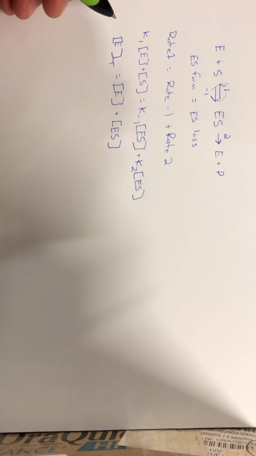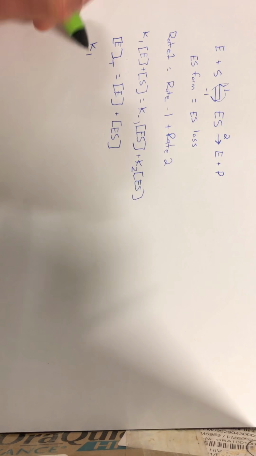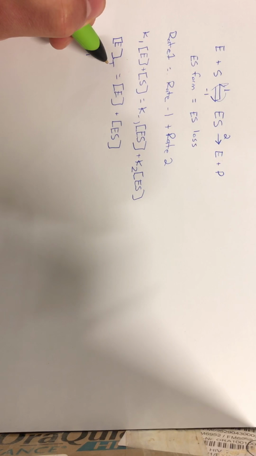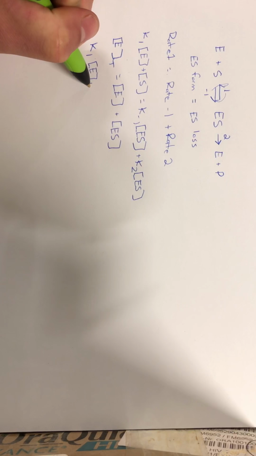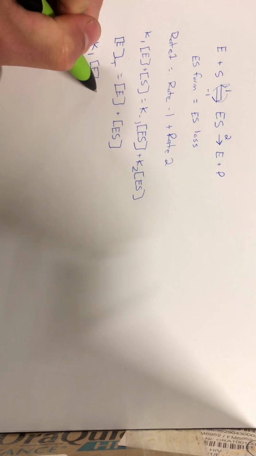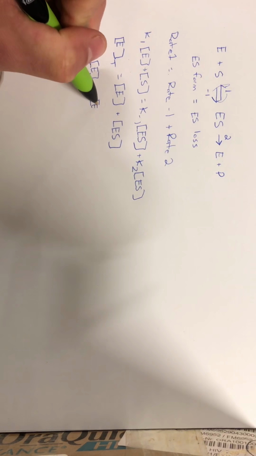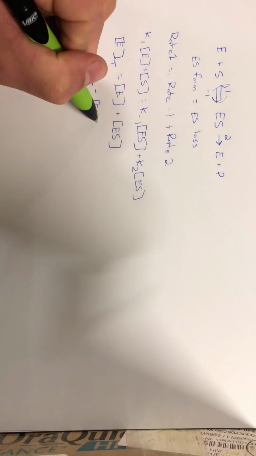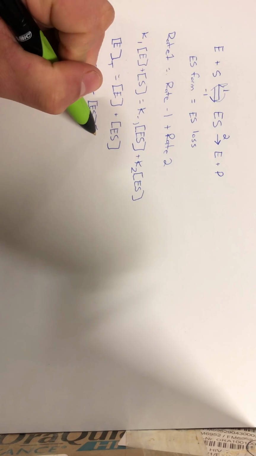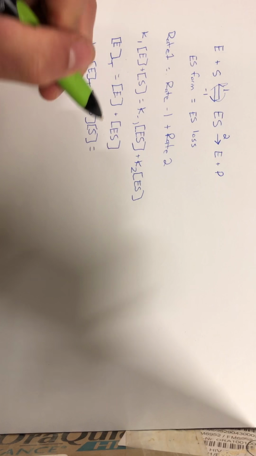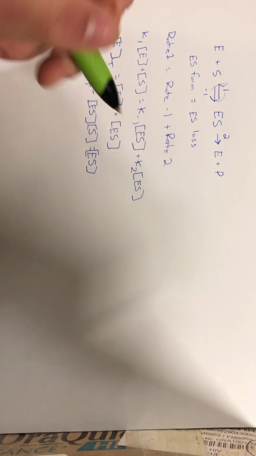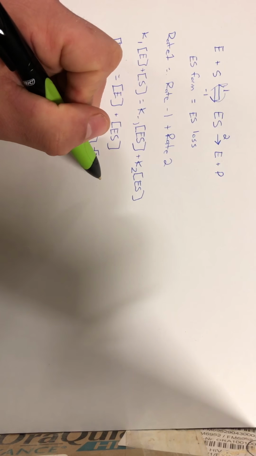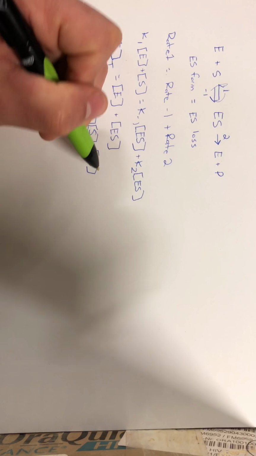So we can replace on the left rate 1, which is enzyme total minus enzyme substrate times our substrate is equal to enzyme substrate, then our rate -1 plus 2.